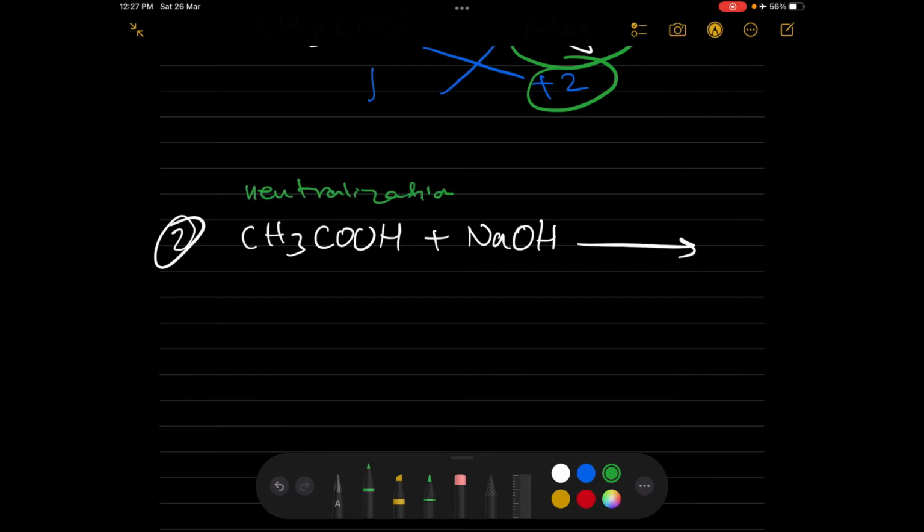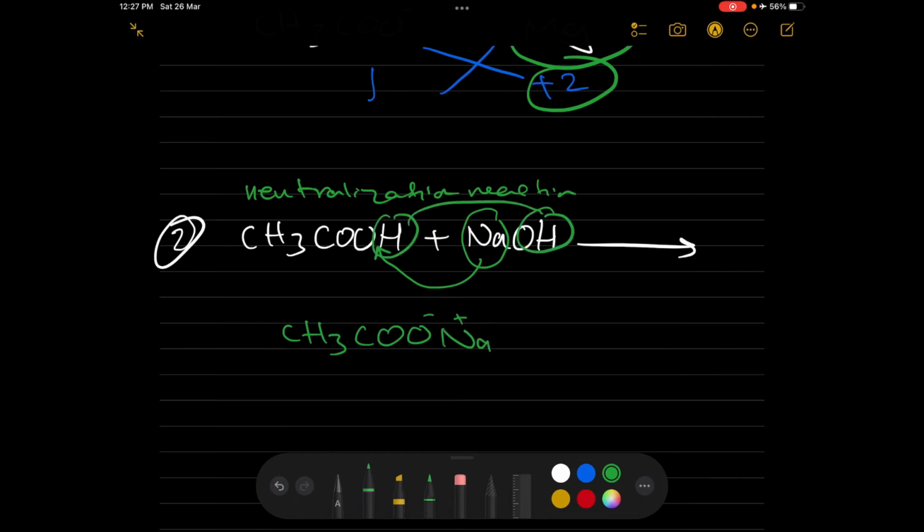The neutralization reaction products indicate that you will have a salt, and the salt here is the combination between Na and the carboxylate group, CH3COONa, in addition to a water molecule. So this is a neutralization, and this is one of the reactions that the carboxylic acid can make.